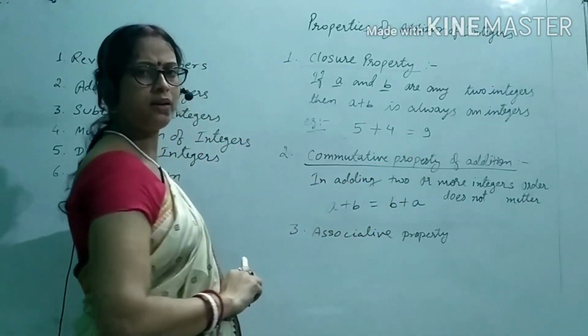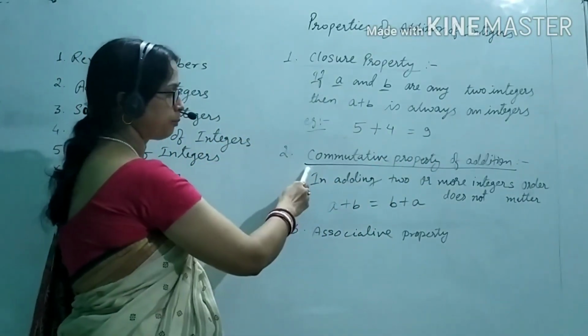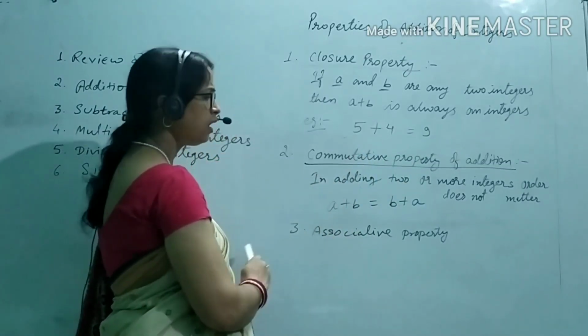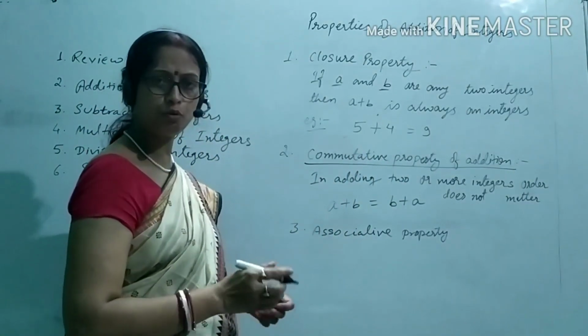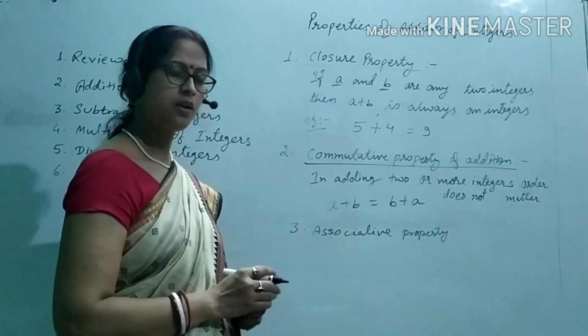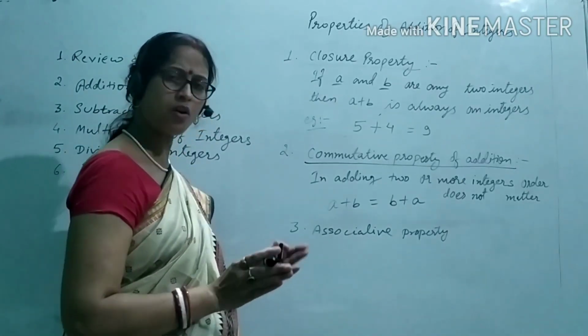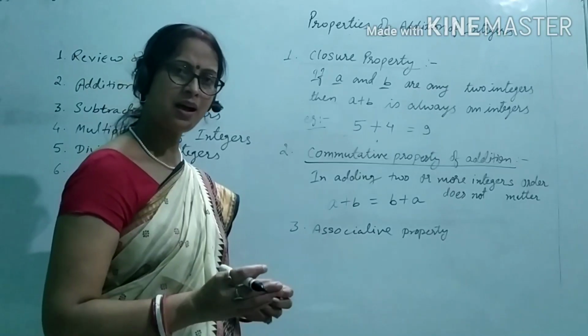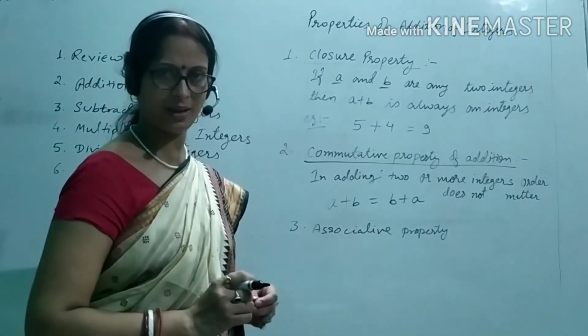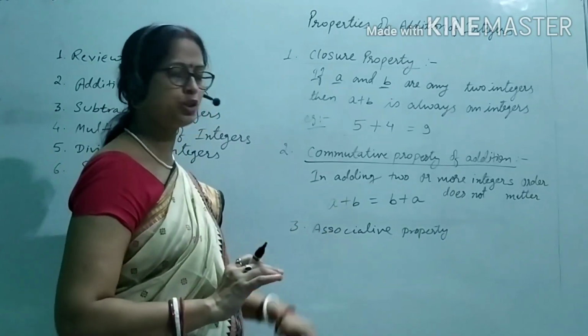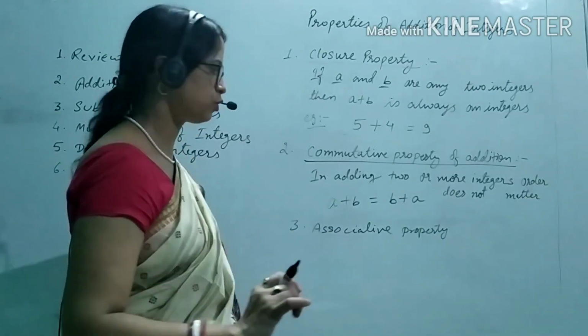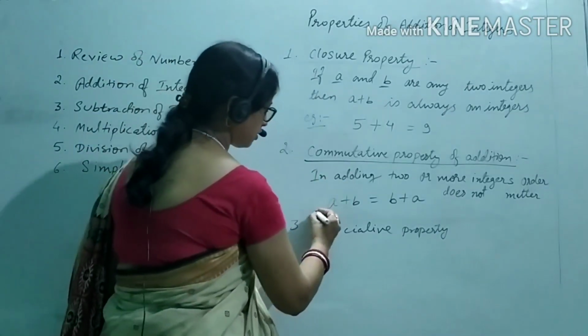Now coming to the next property, that is commutative property. According to this property, if we have two or more integers, when we add all the integers, the result will be the same. Order does not matter. So whatever value we obtain remains the same. Example, you see children.